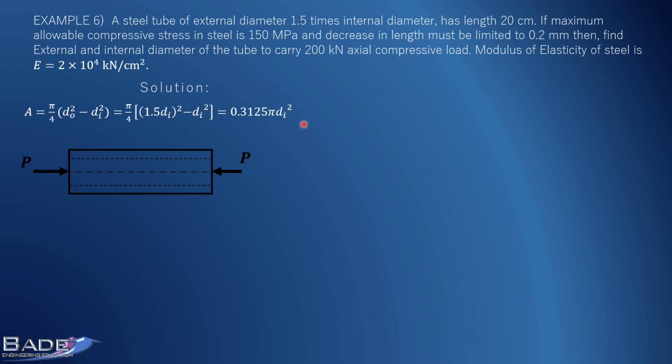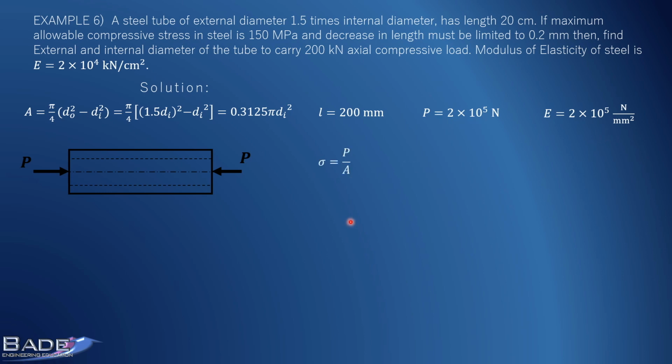We are using values in millimeter. So diameter is in millimeter. Okay, let's proceed. Length is 200 millimeter. Load is in Newton, 2 into 10 raised to 5. It's given here, 200,000 Newton. So 2 into 10 raised to 5 Newton. And Young's modulus, 2 into 10 raised to 4 kilonewton per centimeter squared it's given. We should use unit Newton per millimeter squared. So take care of this.